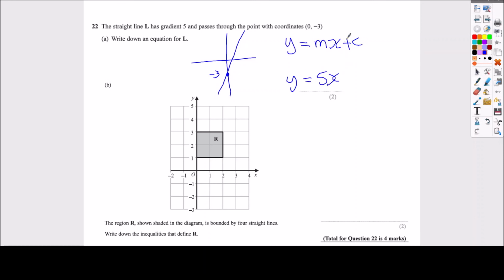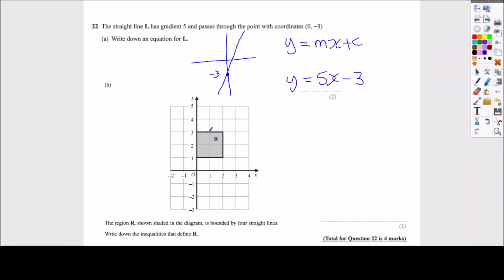C is where the line crosses the y-axis, so it's the y-intercept, so that's at -3. You could have used the y minus y1 formula, but there's just no need, given the point they give you is the y-intercept.